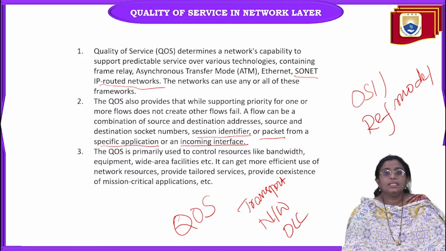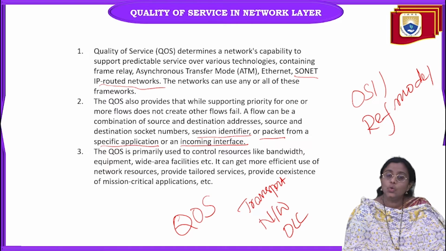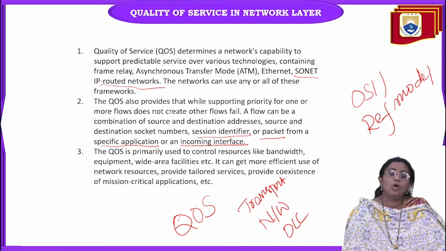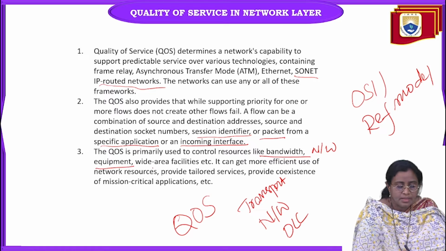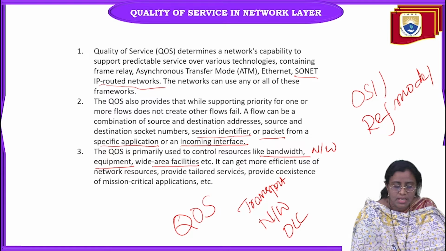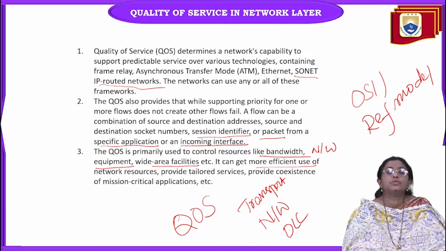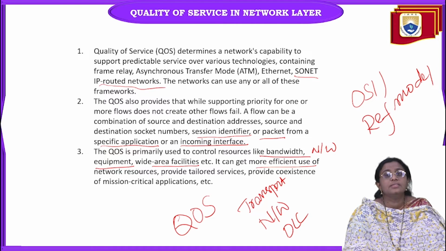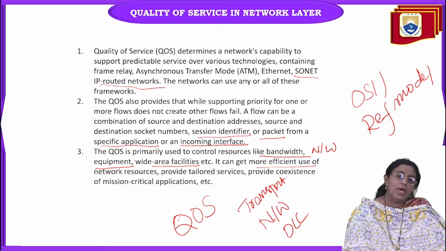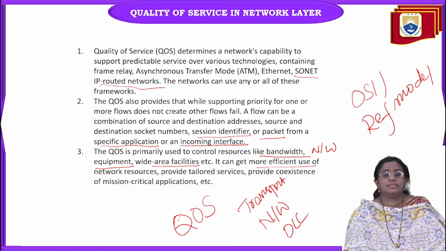Thirdly, QoS is primarily used to control resources like bandwidth, networking equipment and wide area facilities. It allows more efficient use of network resources, provided by tailored services, and provides coexistence of mission critical applications.